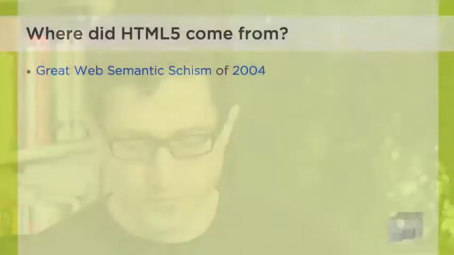But what really happened during this workshop was it just happened to bring together the right people, or maybe the people that happened to be the most interested in, or perhaps frustrated with, the evolution of HTML on the web. And the end result was what I'm calling the Great Web Semantic Schism.